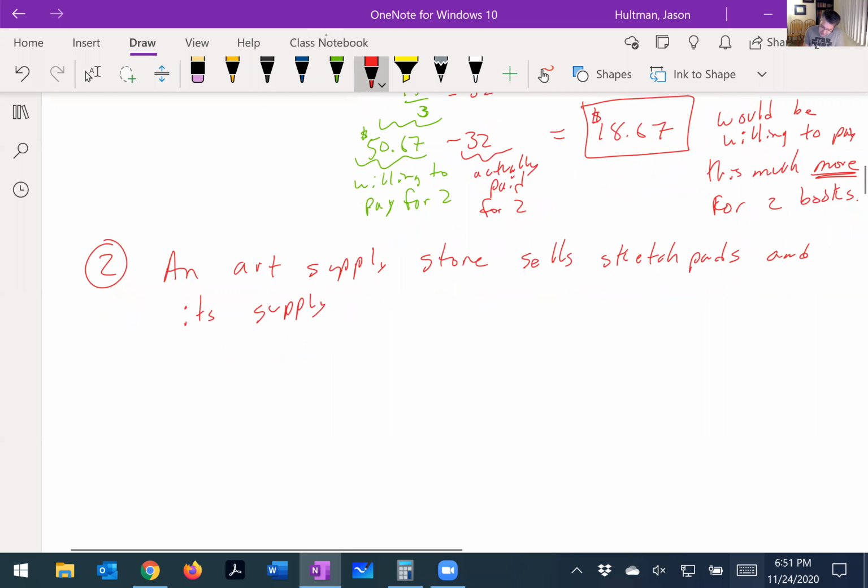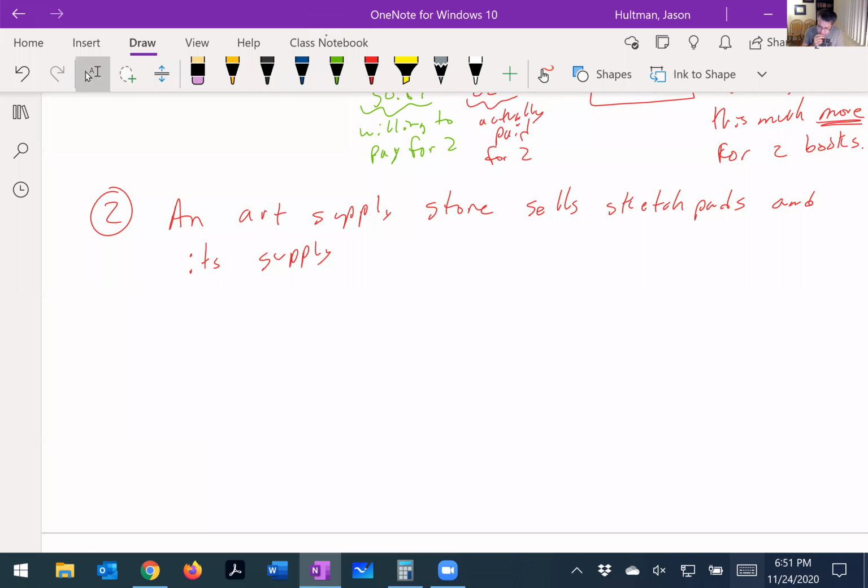Okay, anyway, an art supply store sells sketch pads, and its supply curve is given by S of x is equal to 1/3 x squared plus x plus 3.